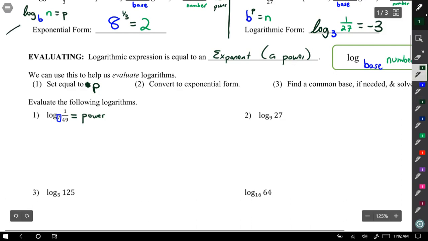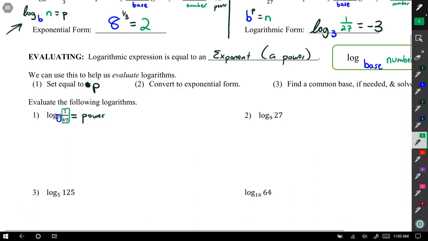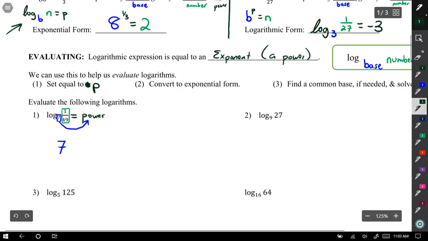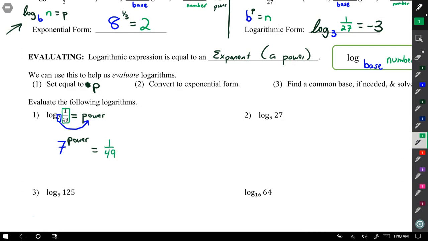Now you can refer up to this. 7 is my base, 1 over 49 is my number, and I have my power. So what power of 7 gives you 1 over 49? My base is 7, and it's going to be attached to that power. So 7 to some power. What power of 7 gives me 1 over 49? That's, again, converting to exponential form.